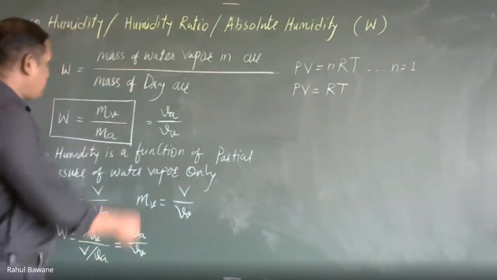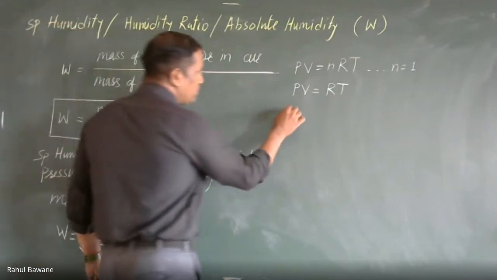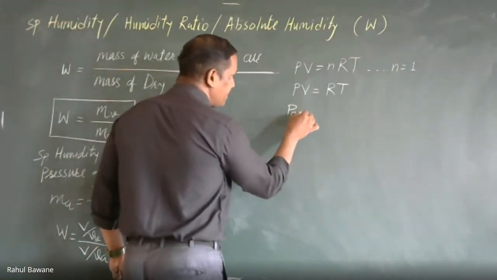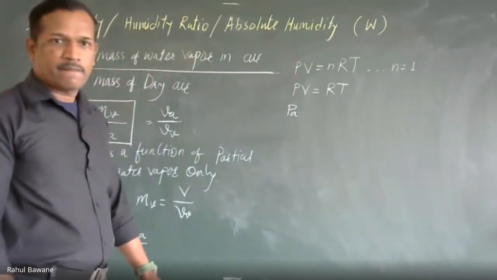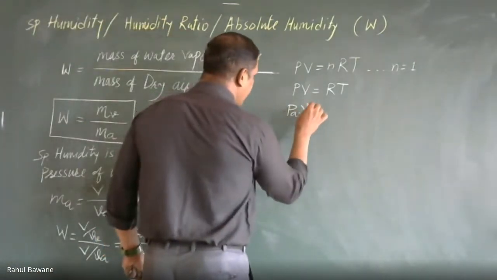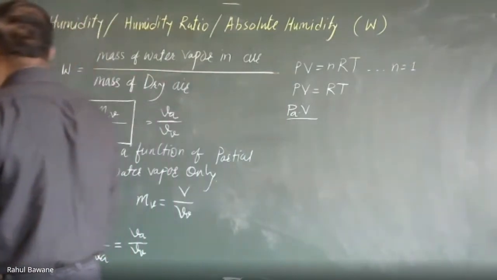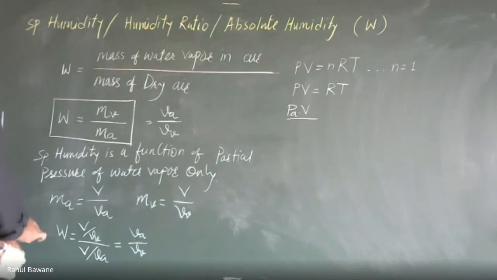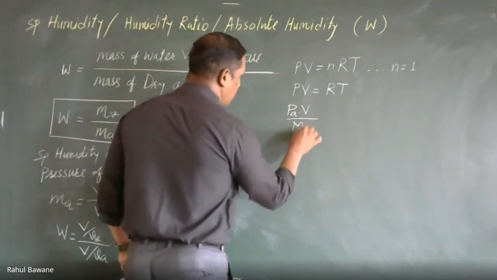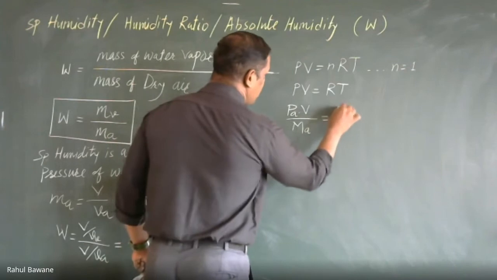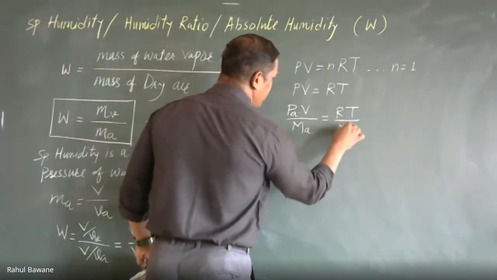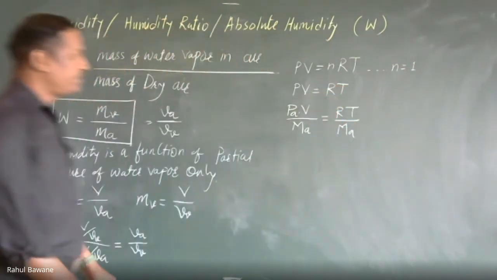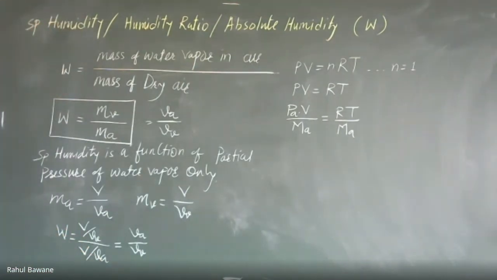If I am talking about dry air, it becomes the partial pressure of dry air times the total volume of air, divided by the molecular mass. So the molecular mass of dry air is equal to RT, where I am dividing both sides by the molecular mass of dry air.